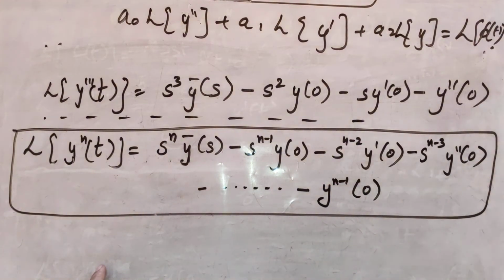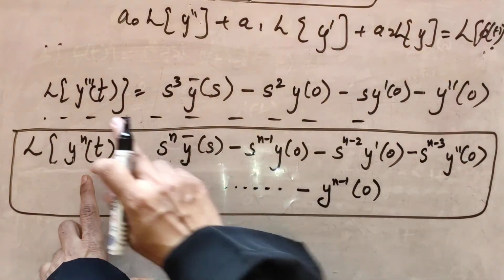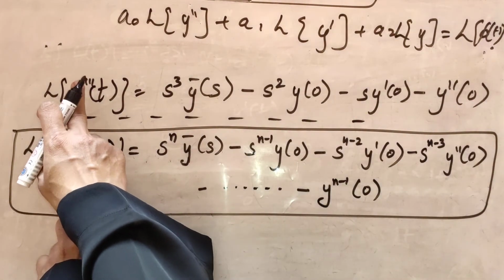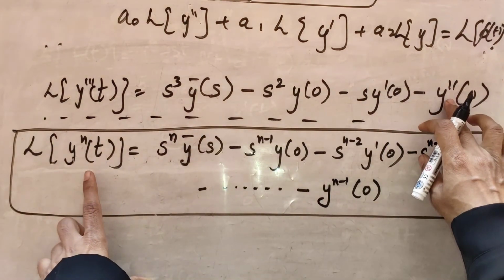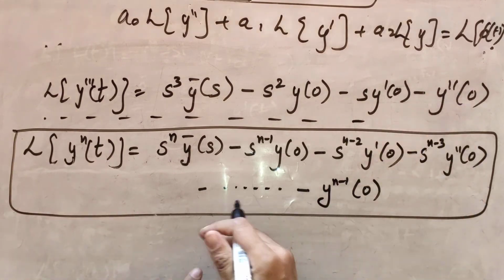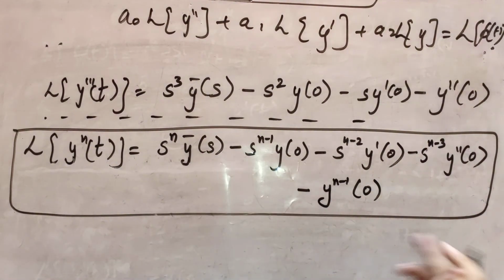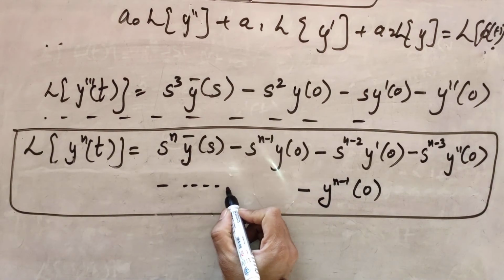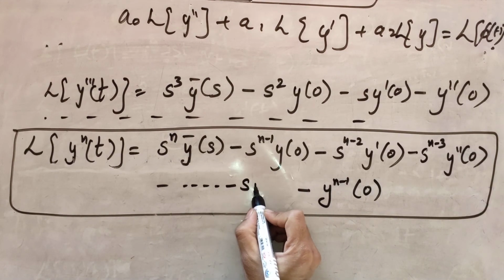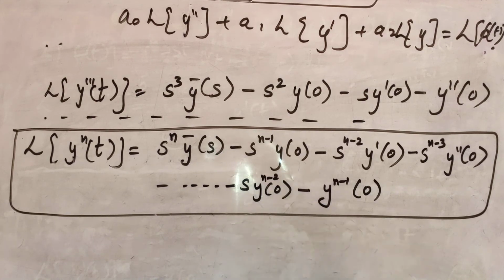Similarly, it continues. At the end, just compare with the previous term. For the third derivative Laplace transform, you ended with the second derivative, and there is no s along with it. The previous term to this you can also write. One minute, I'll just show you. Minus so on, minus s into y to the power n minus 2 of 0 you will get.